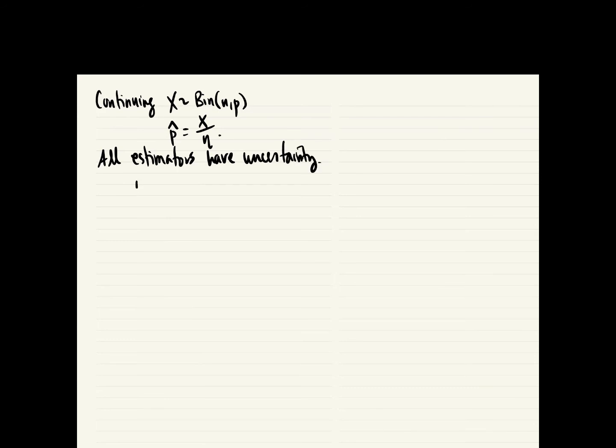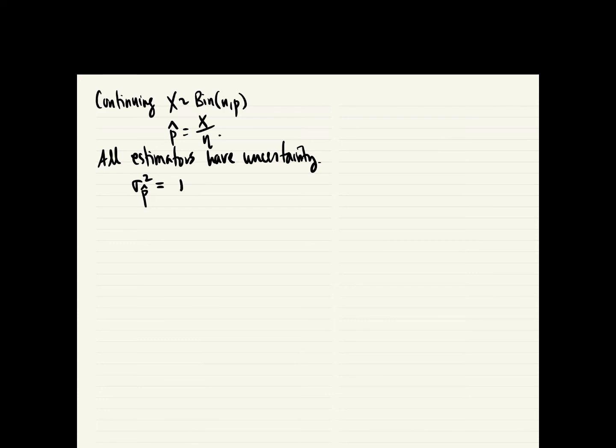In this case, uncertainty is going to be expressed according to standard deviation. So let's see what the standard deviation for this particular estimator for proportion would look like.